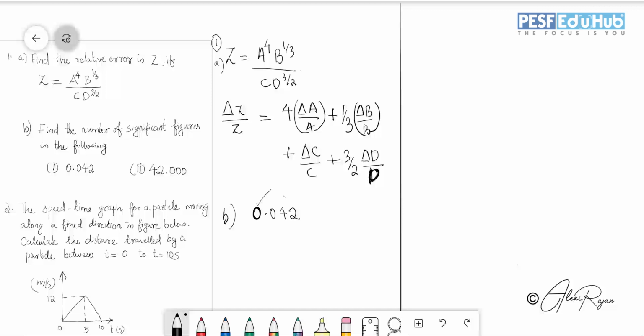So you can see that this zero is not significant, and this one also is non-significant. Why? Because they are right to the decimal point and left to the non-zero digit, that is 4. So these two zeros are insignificant.